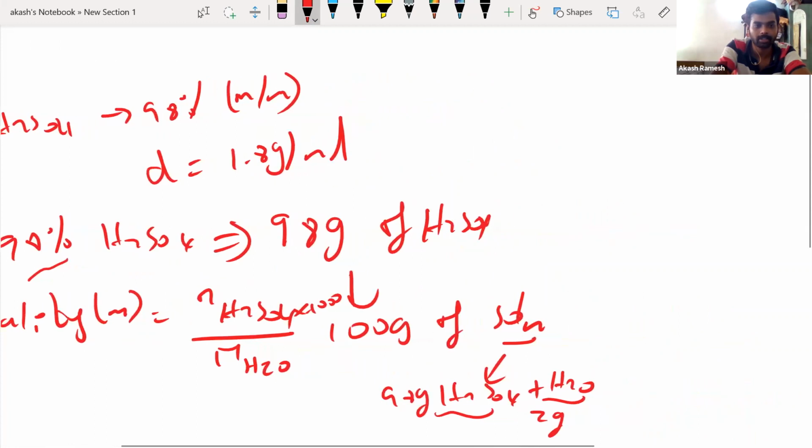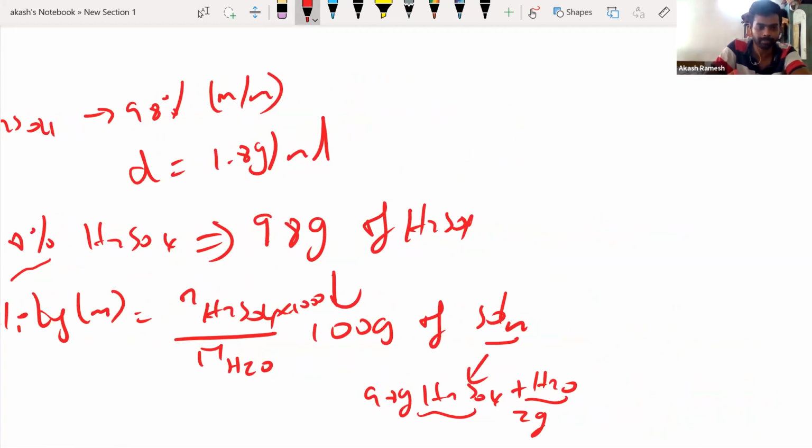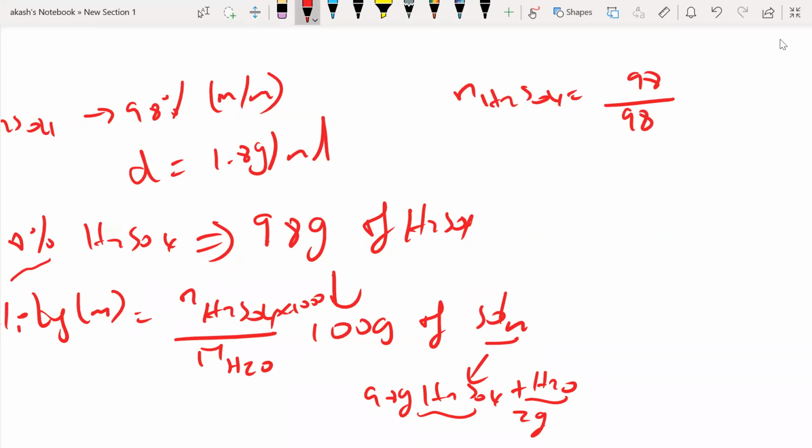So now I have to calculate the number of moles. I know the mass of H2SO4. So the number of moles of H2SO4 would be given mass, which is 98, divided by the molecular mass of H2SO4, which if you calculate is again 98. So it will be 1 mole.